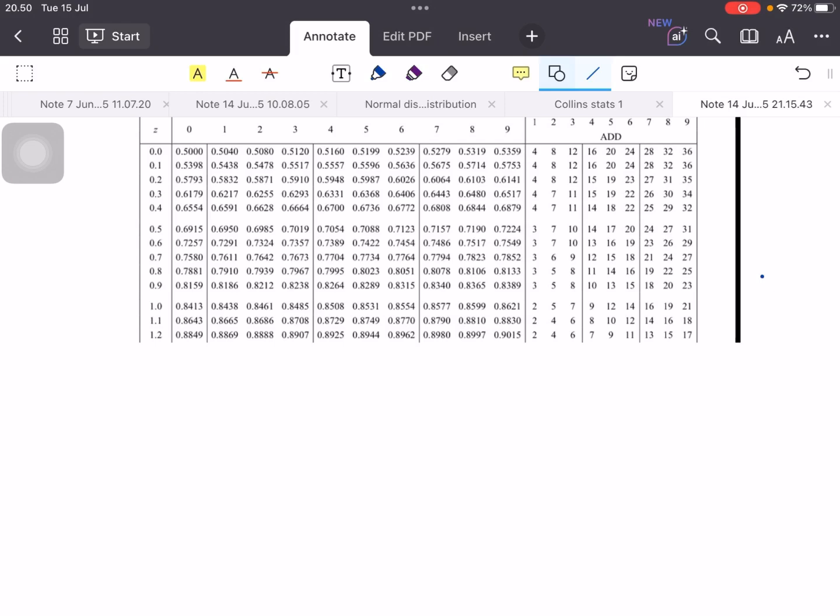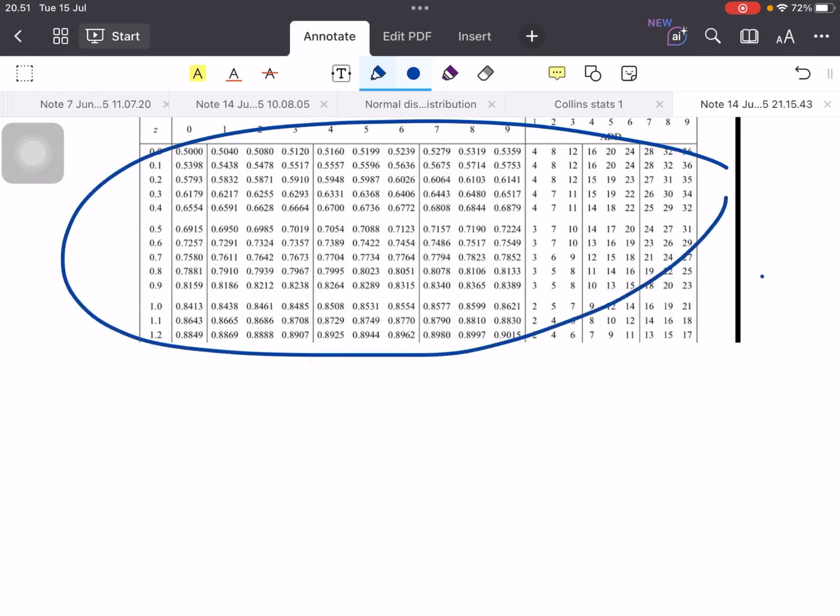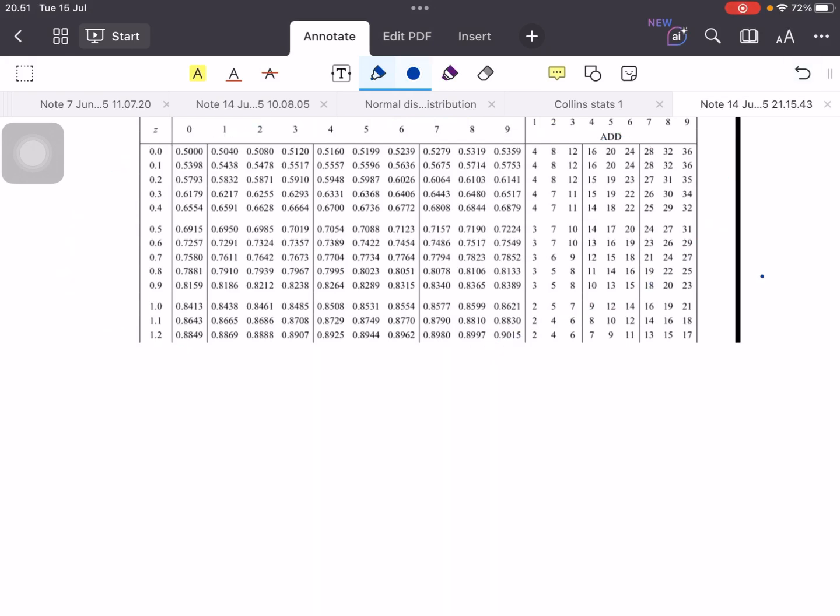Next, it is possible to have a negative value of z, but the value of z provided in this table is only for positive values of z. So how to find probability if the interval values of z involve a negative number?